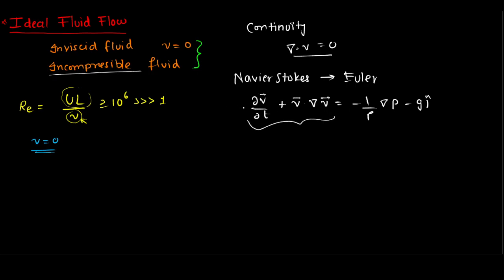This is the material derivative, dv by dt, the material derivative of velocity. As you can see, there is no viscosity term because we have assumed the viscosity to be 0. So these are the two equations which we have for an ideal fluid flow.